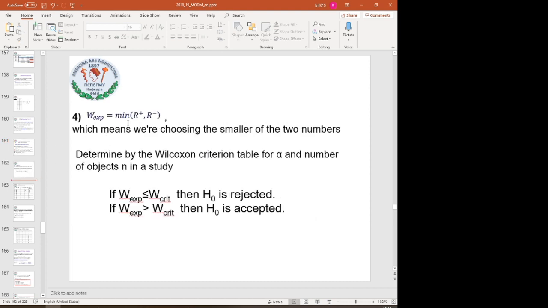Then we should calculate the minimum of these sums, and this will be the experimental value of our Wilcoxon criterion.